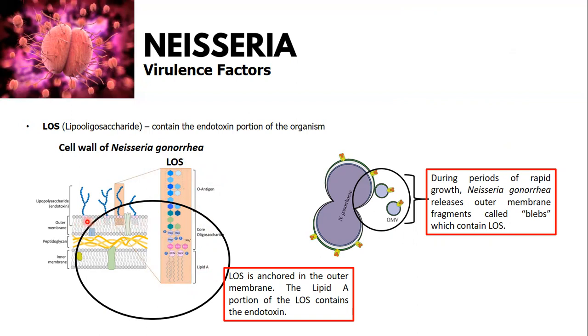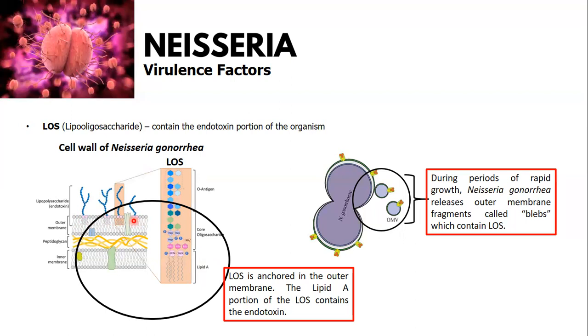Normally, when bacterial cells lyse, particularly when gram-negative bacteria undergo lysis, the lipid A becomes liberated. And since the lipid A portion contains the endotoxin, the endotoxin becomes present in the circulation. And in large amounts, it would result in endotoxemia.